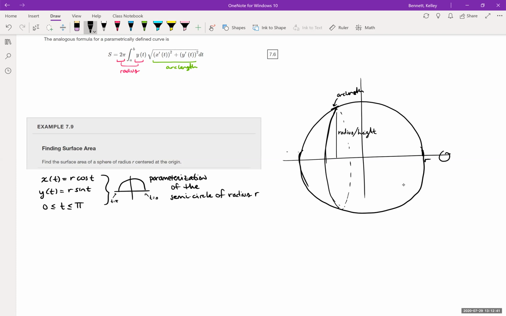Okay, super. Now I'm going to just kind of plug everything into our formula for surface area.